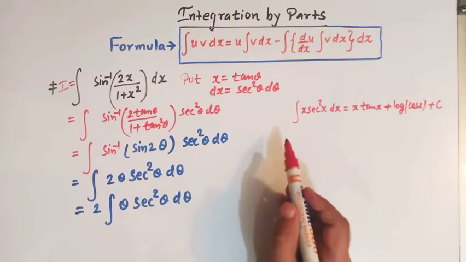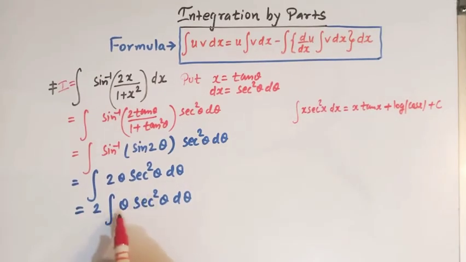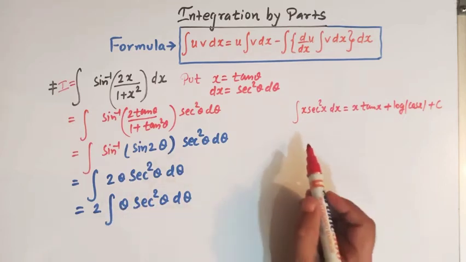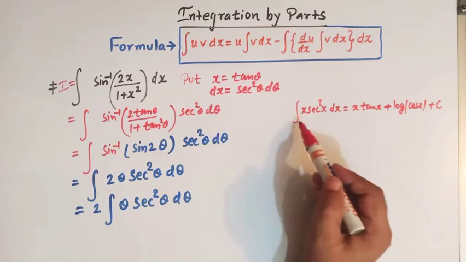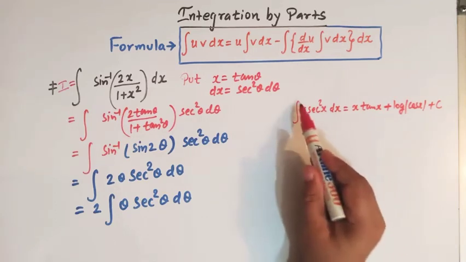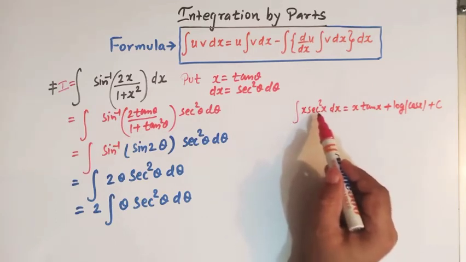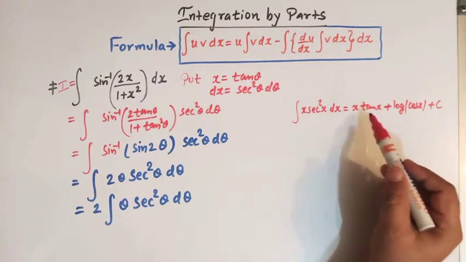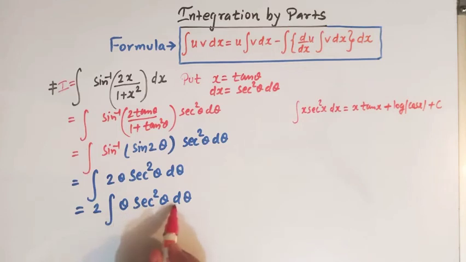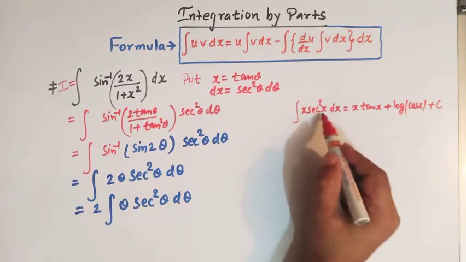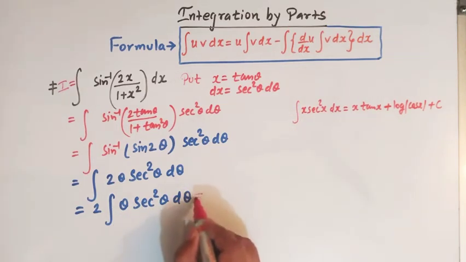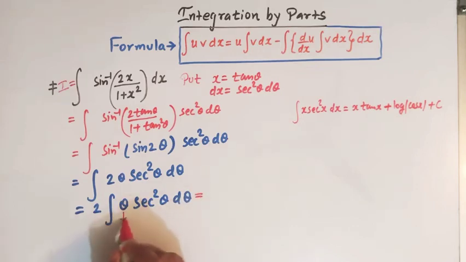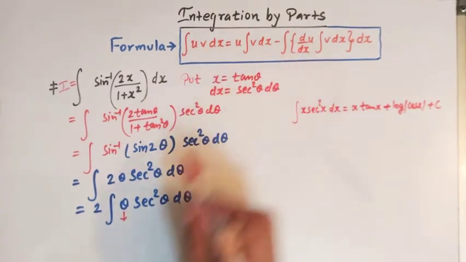Now we have to evaluate this integral, and this integral is a product of two functions here. Viewers, in this video we have just solved this problem, that is the integral of x sec square x dx. Here the variable is theta, but there the variable is x. So here we will make use of this formula.